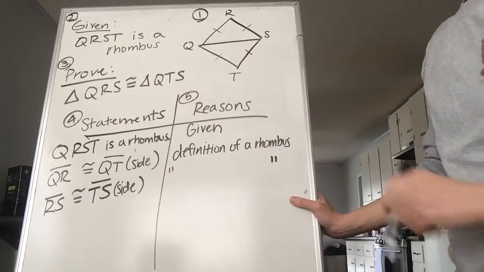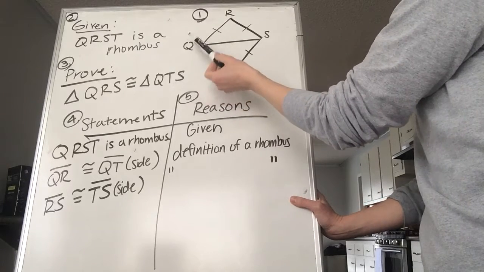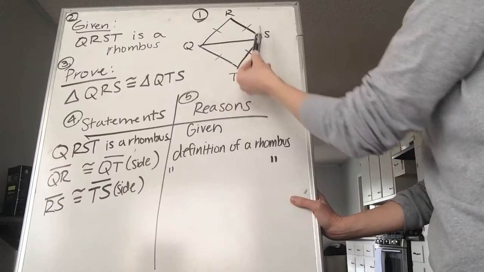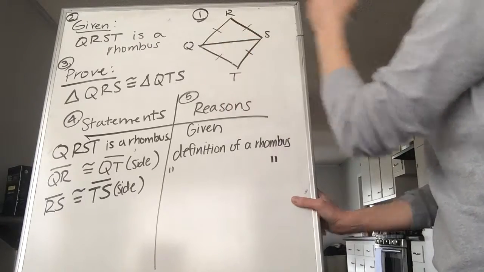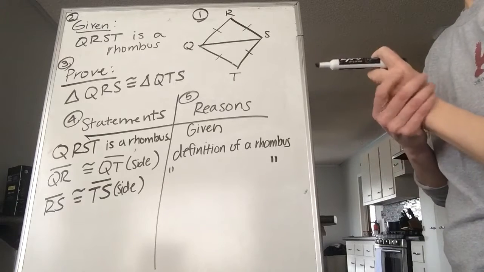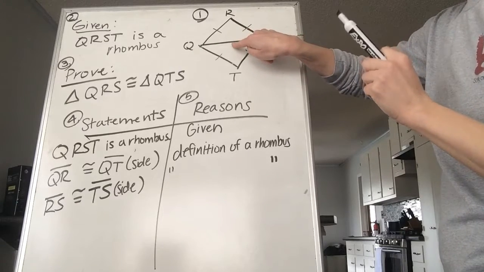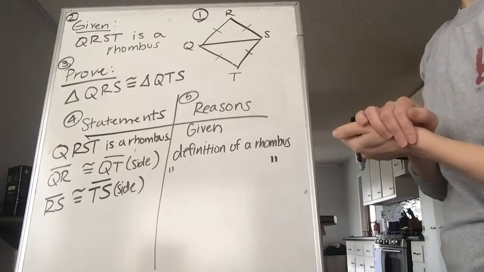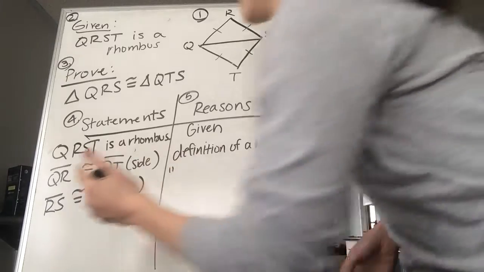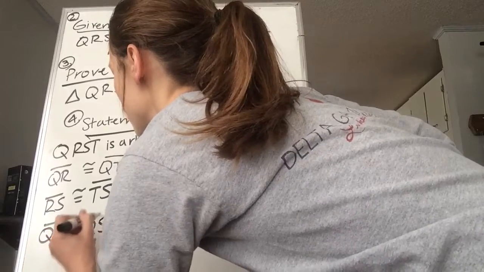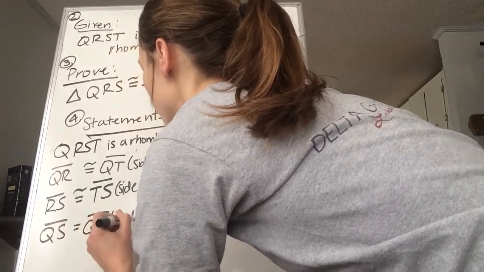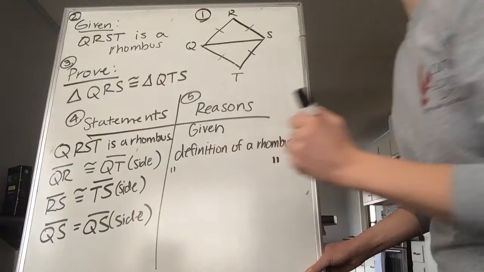Okay, so I've stated that these are equal, these are equal. The last thing I have is this baseline right there. It is the other side to both of the triangles. So I could say line segment QS is equal to QS. That would be my last side.